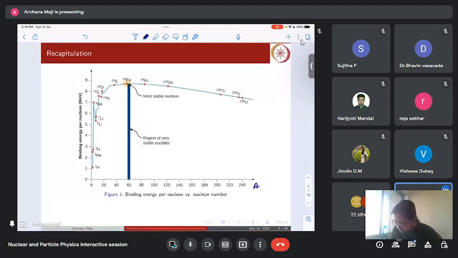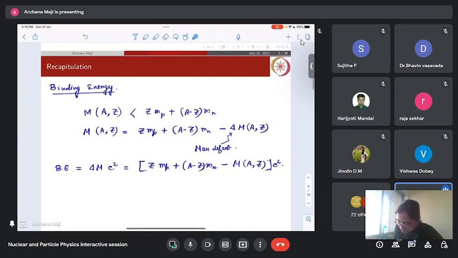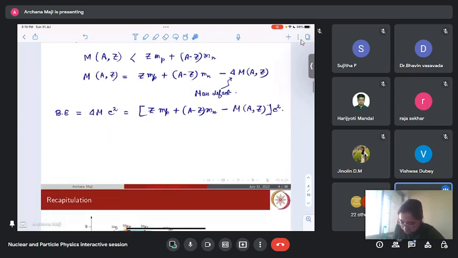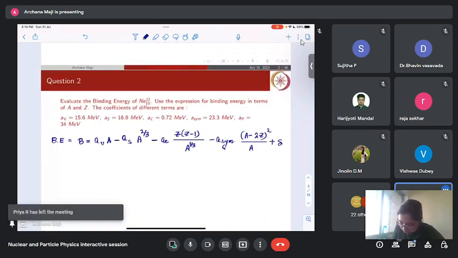The plot of the binding energy per nucleon versus nucleon number is of this sort. If you remember from the lectures, let me also write down the binding energy formula in terms of A and Z, which I have written over here.